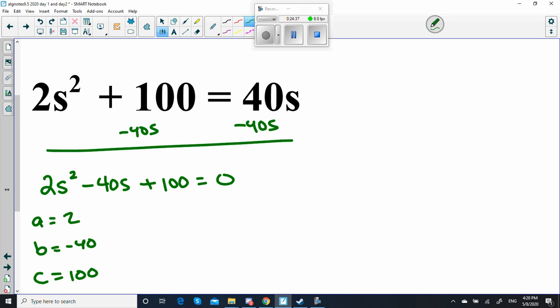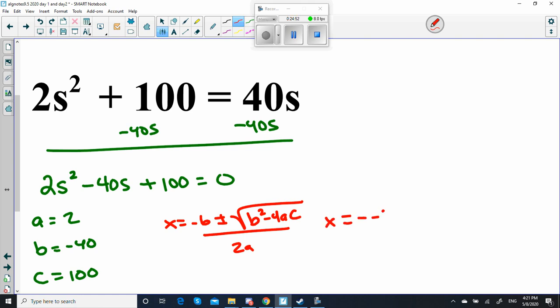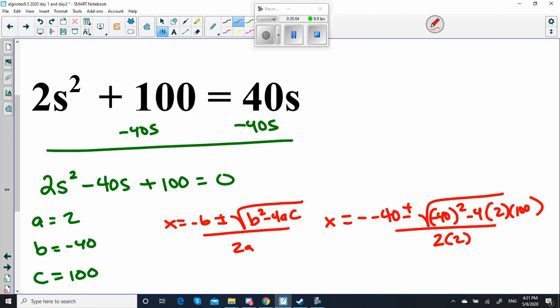All right, so now we need the quadratic formula. x equals negative b plus or minus the square root of b squared minus 4ac over 2a. Okay, so let's plug in. x equals negative negative 40 plus or minus the square root of negative 40 squared minus 4 times 2 times 100 over 2 times 2.